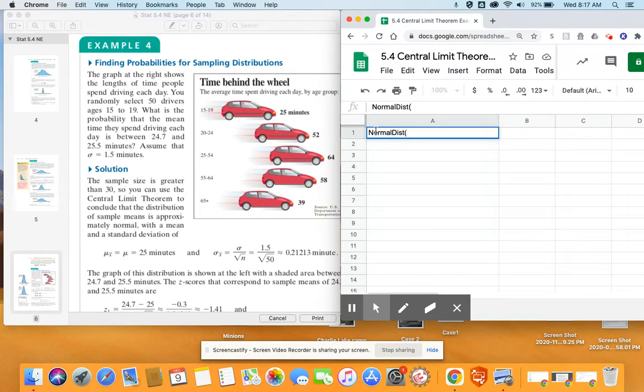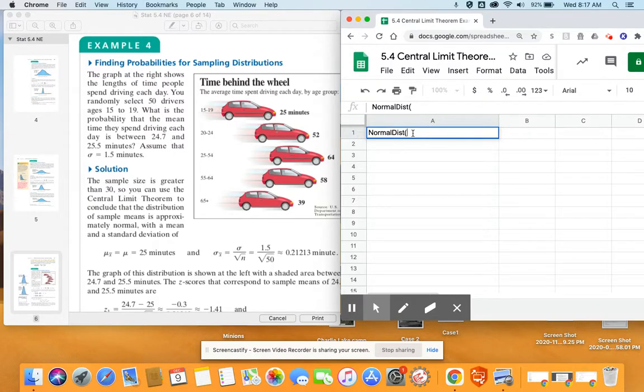Okay? We know that it's an in-between question. We need to find the area in between two values. That means we need to find the area to the left of the larger value, 25.5, and the area to the left of the smaller value, 24.7, and then we're going to need to subtract those answers. So we're going to do that right here.